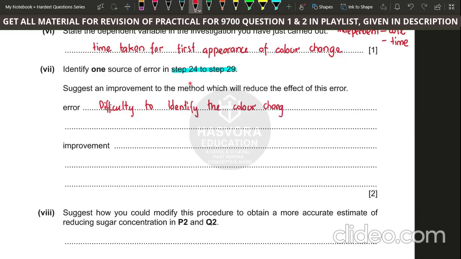And what will be the improvement? Use a colorimeter, or a color chart. Okay, if you were not being restricted by step 24 to 29, then in that case you could use the other improvements and errors that I just told you.